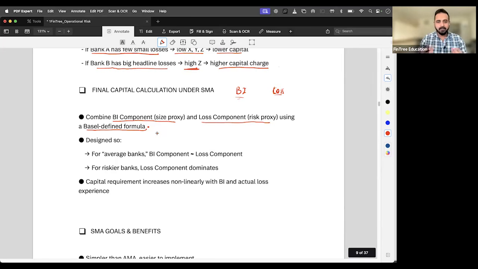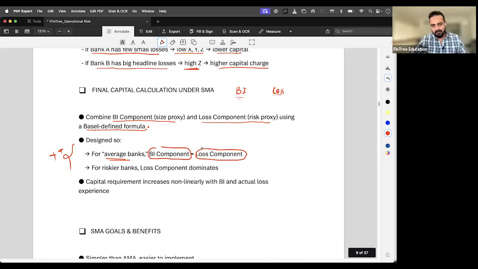Now, for most of the banks, and this is again testable, the capital requirement through BI component and loss component would be similar, because think about it, I'm already taking business income and applying a multiplier to it, right? Now that multiplier is supposed to capture some of my losses.